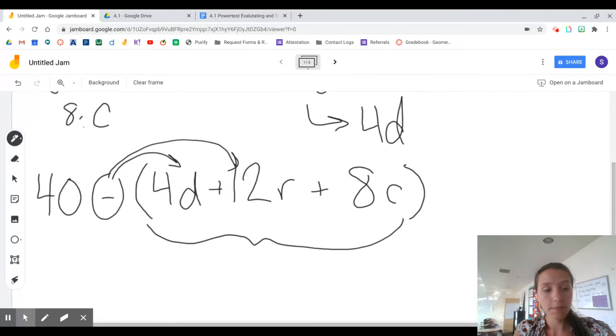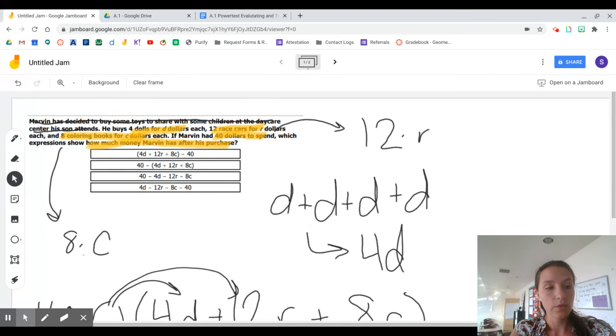So our answer is going to be 40 minus the quantity, that means it's in parentheses, 4D plus 12R plus 8C. So if I go up here, that's going to be the second choice, $40 minus the purchase, which is 4D, 4 dolls at the price of D, plus 12R, 12 race cars at the price of R, plus 8C, 8 coloring books at the price of C.